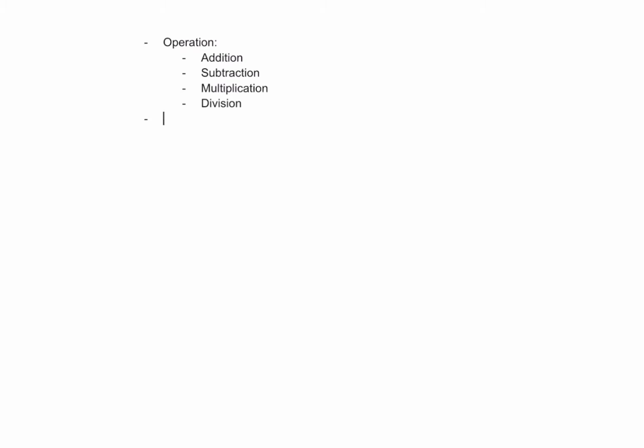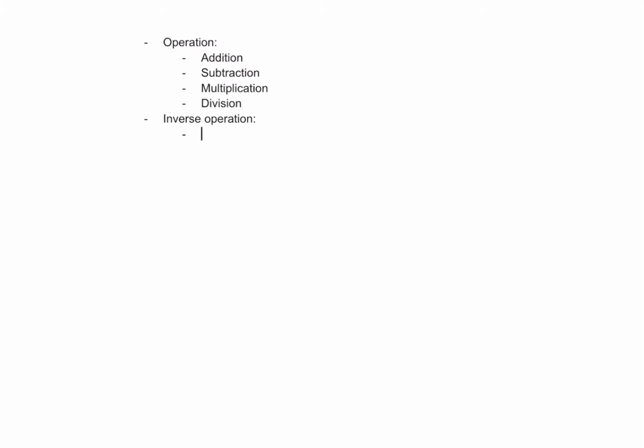Now, the next thing you need to know is inverse operation. So what do you think the word inverse means? I'm hoping you mean like the opposite of something. So an inverse operation is the opposite of the operation that you have, or the operation that undoes it.